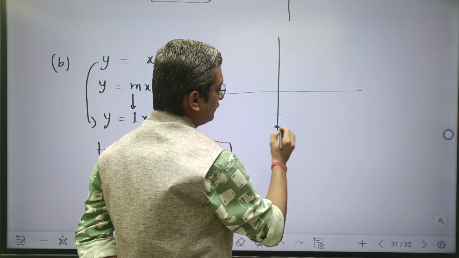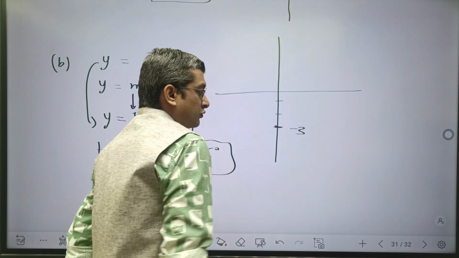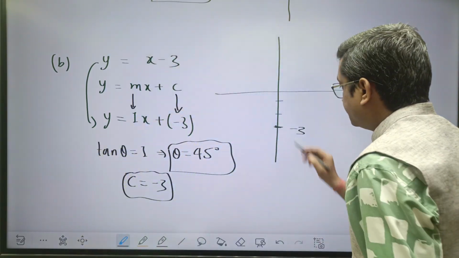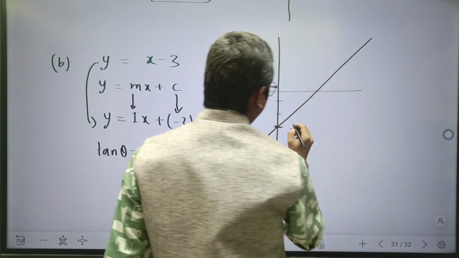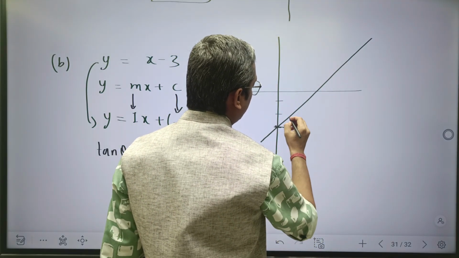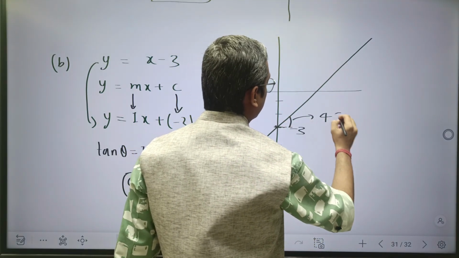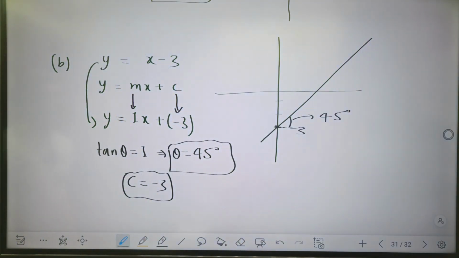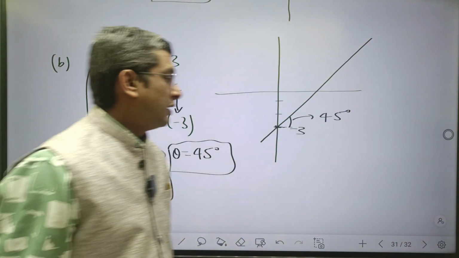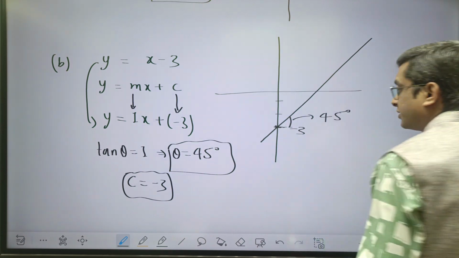So this point is minus 3. So the graph must pass through this point, and the angle made by the graph is 45 degrees. So this is the straight line. Are you getting how we can plot a graph or draw information from the given equation?